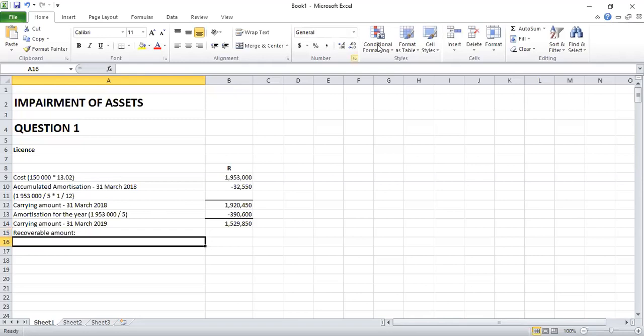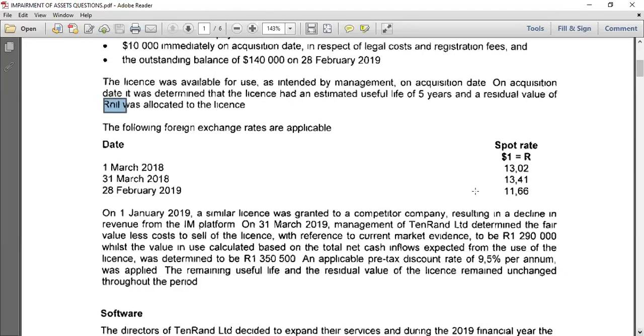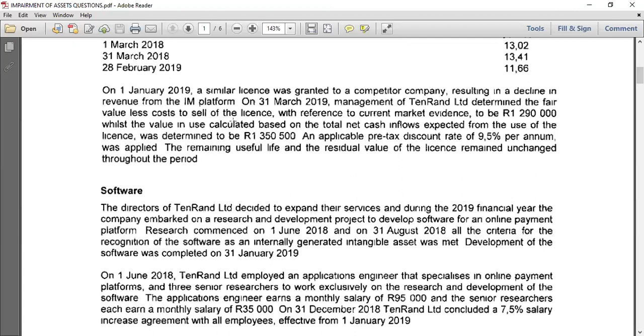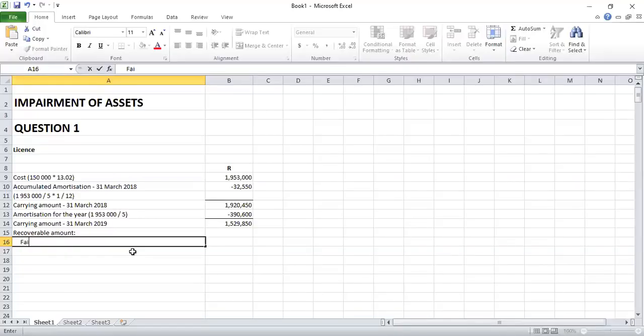We have got the fair value less cost to sell was 1,290,000.